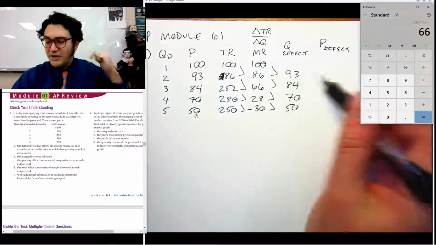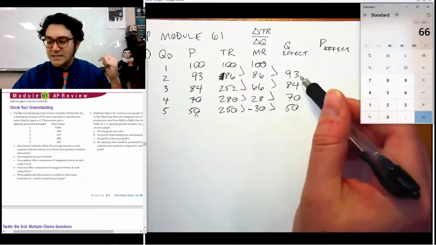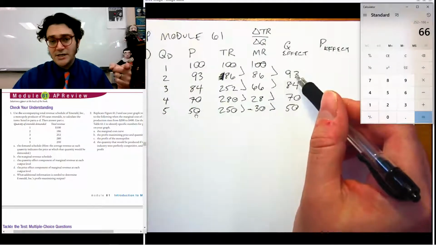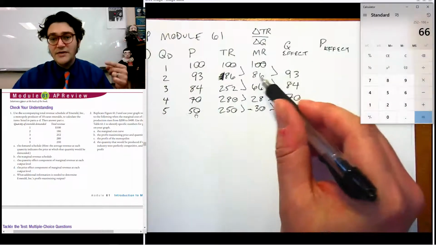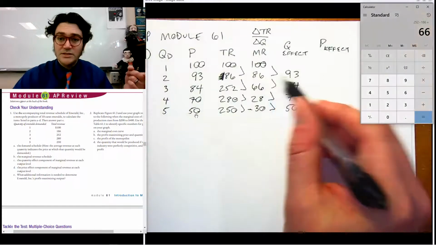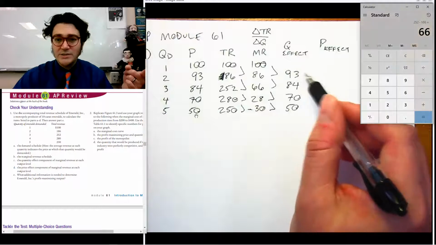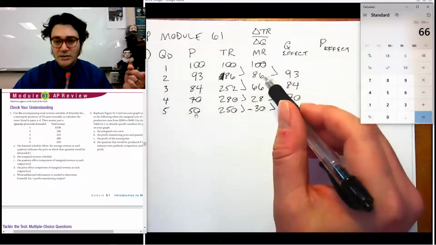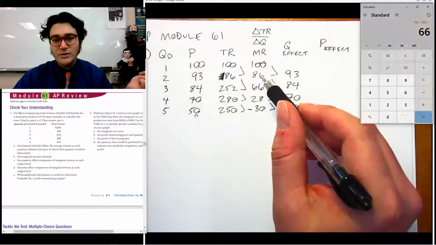What we can figure out is that the quantity effect is saying you're gaining 93 by selling the second unit. But at the end of the day, we only got 86, because that's the marginal revenue. So we had to lower the price by 7, the difference between the two, and that's what caused the marginal revenue to be 86.